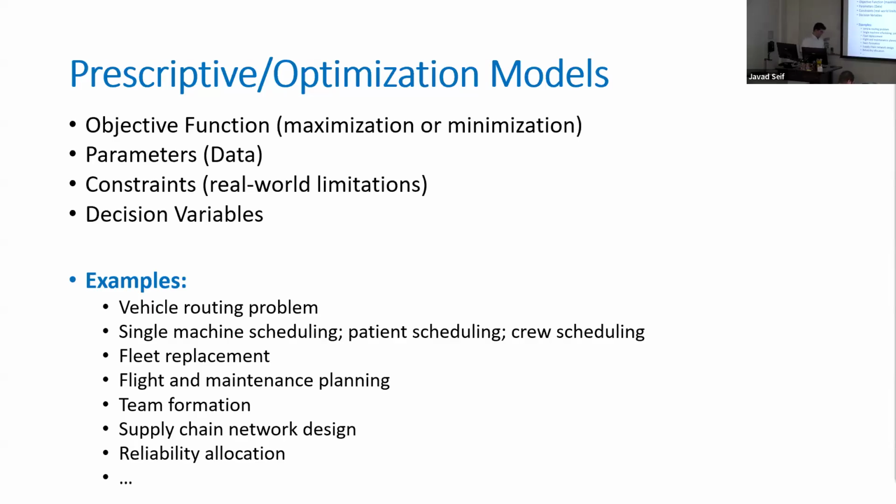Fleet replacement. Let's say your company or your organization has a group of identical machines, such as trucks, or an airline has multiple airplanes, and they have a flight load, or a construction company has multiple loaders or dozers. They have a flight load or operations load that these machines need to work on for the next 10 years.